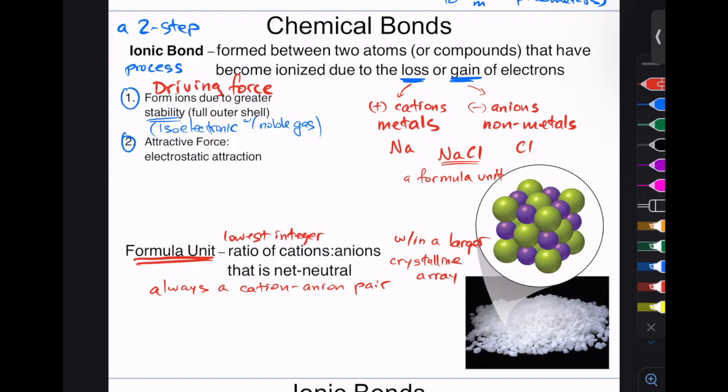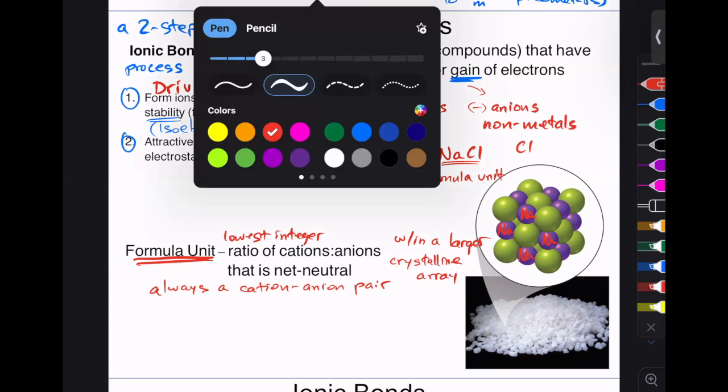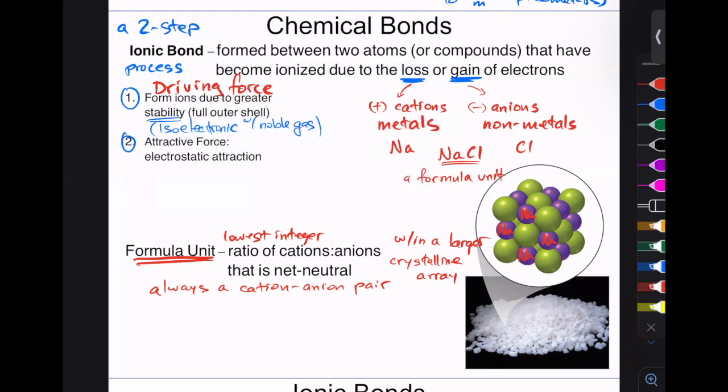And you can see that we don't just have one sodium ion interacting with one chloride ion. In fact, there's a whole bunch. Here's a sodium ion. Let's say those are purple. Any one sodium ion is actually surrounded by many, it turns out to be about 6 chloride ions.